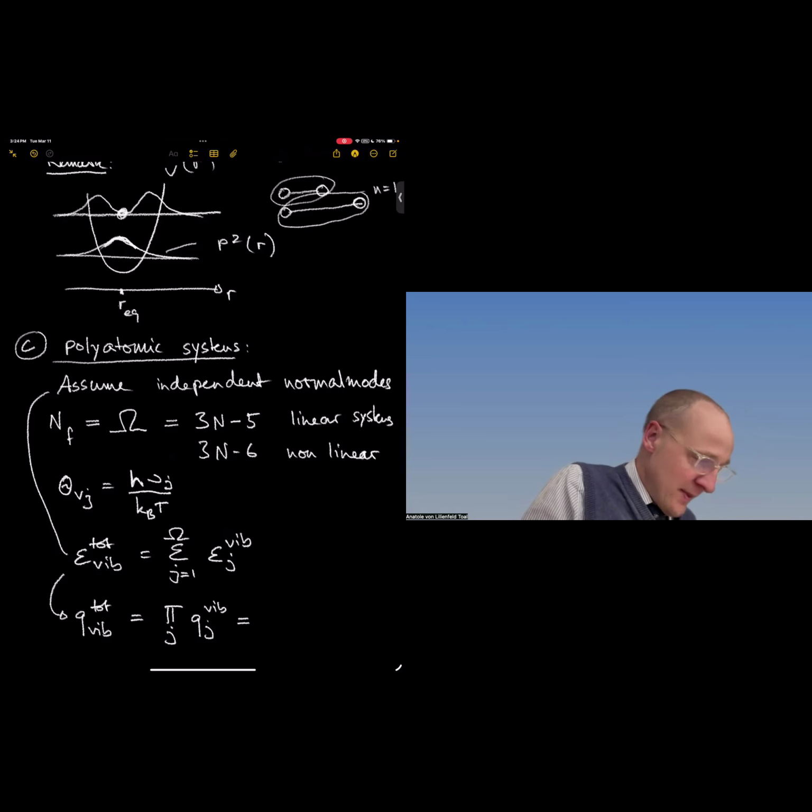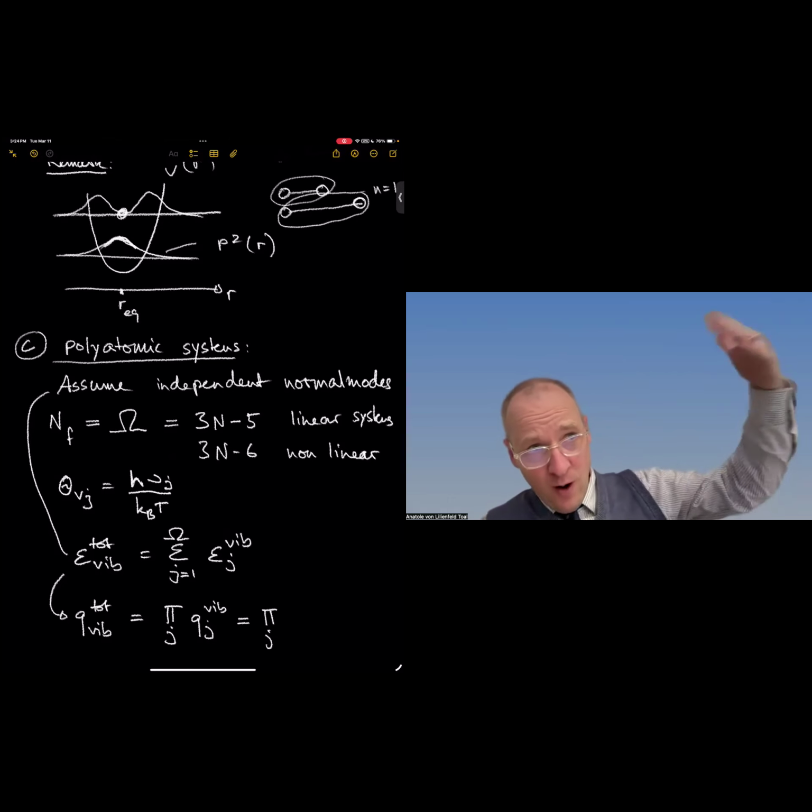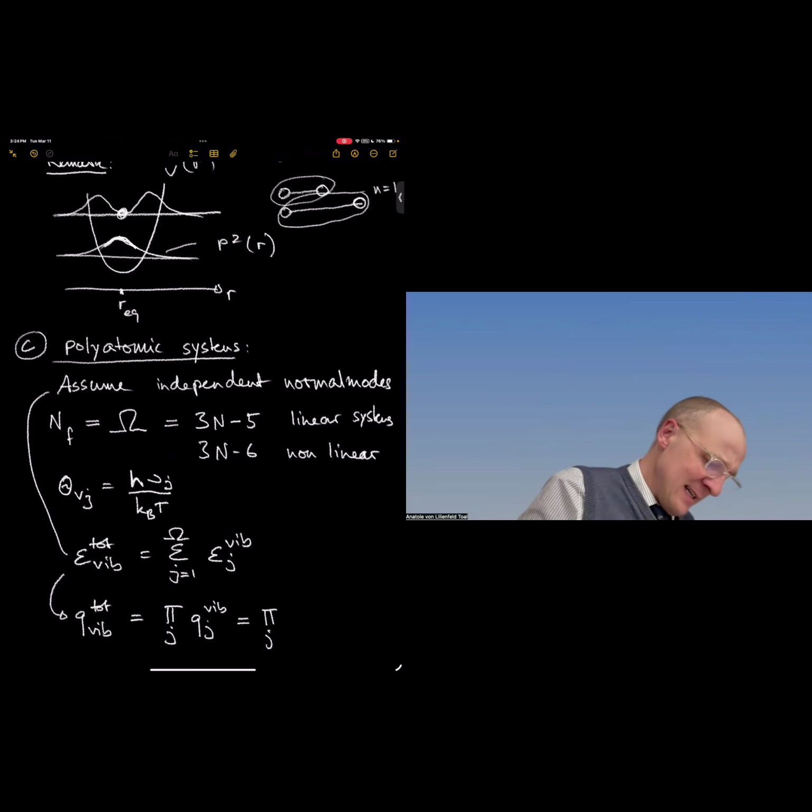Now, we know how the partition function for one oscillator looks like, that's what we derived last time. Now we have omega oscillators.